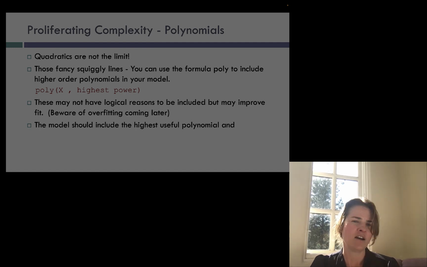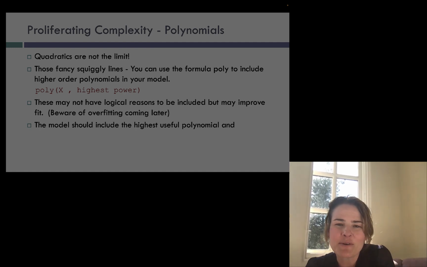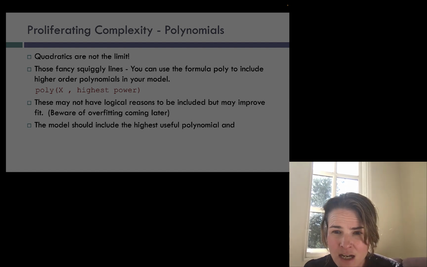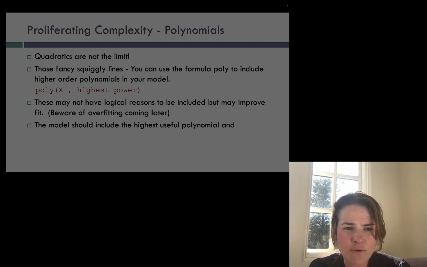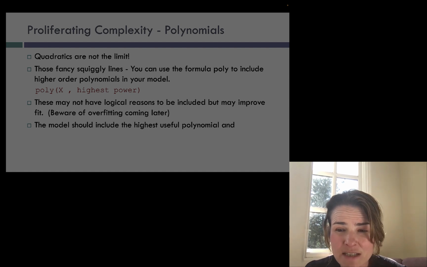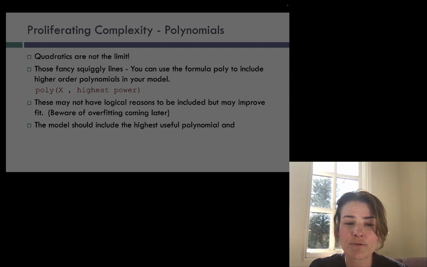All right. Now, those are things we've talked about already, and there's even more we can do with our simple multiple linear regression models. Quadratics are not the limit. Those fancy squiggly lines you see, you can use the formula poly to include higher order polynomials in your model. These may not have logical reasons to be included, but may improve fit.